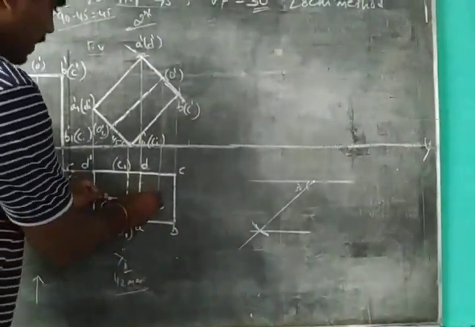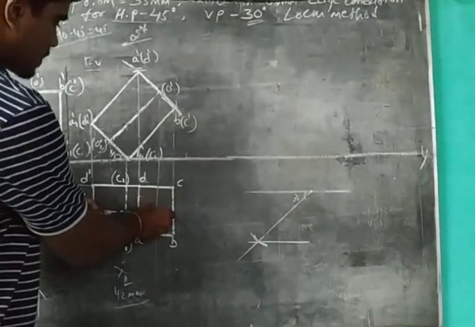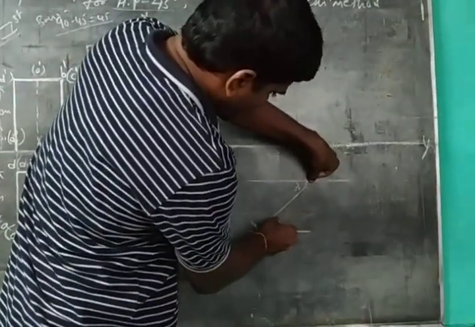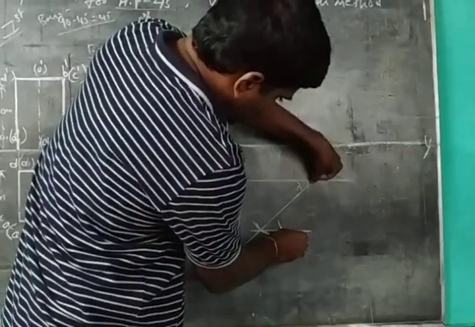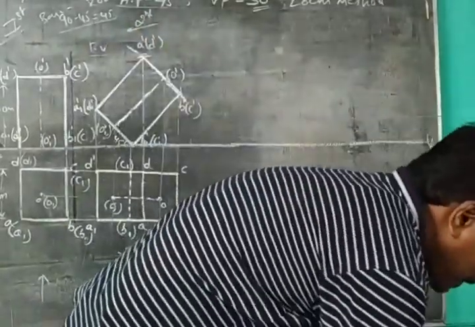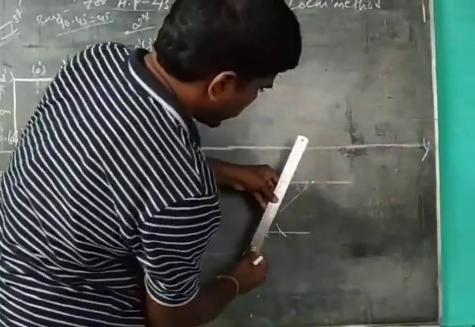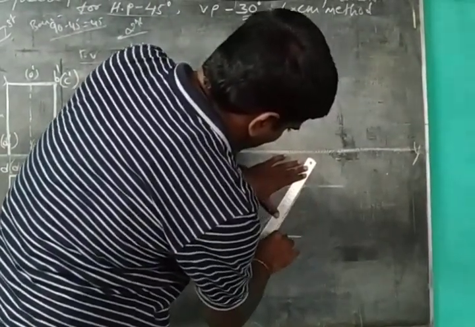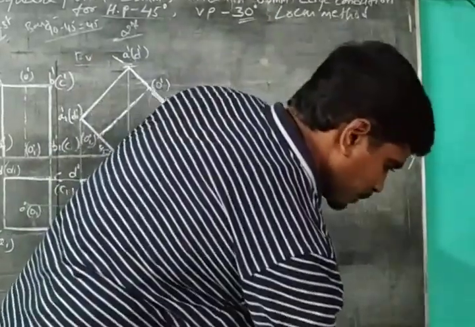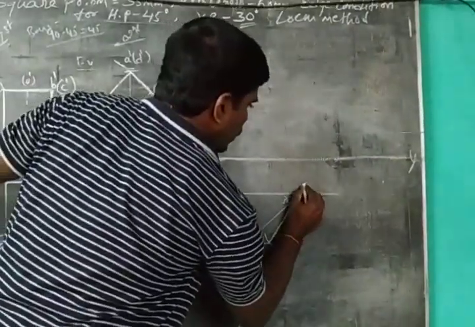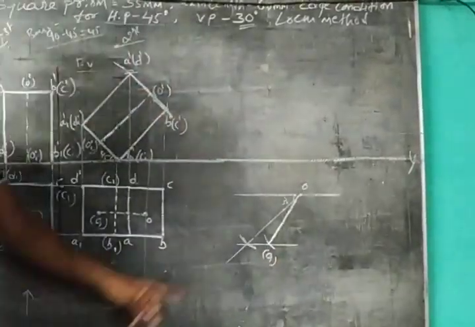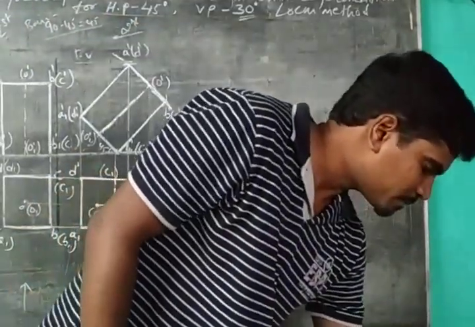And next take this axis length, and from here cut. And join. So this becomes O and O1.